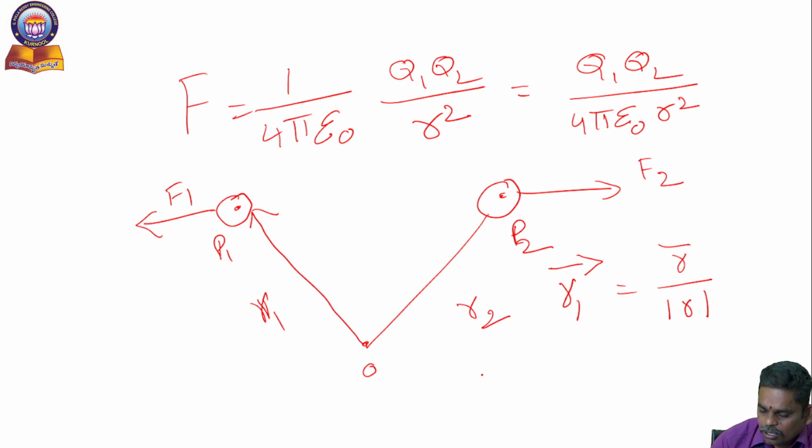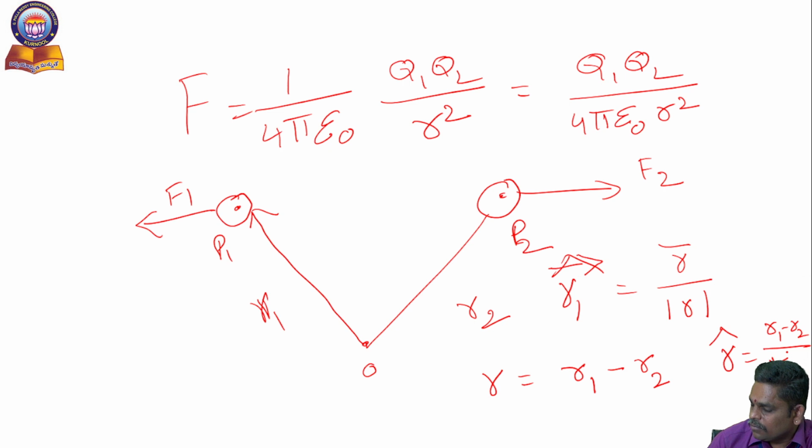Here r dash is equal to r1 minus r2, and mod r we take as it is. So your unit vector is r1 minus r2 by r, where mod r is r itself.